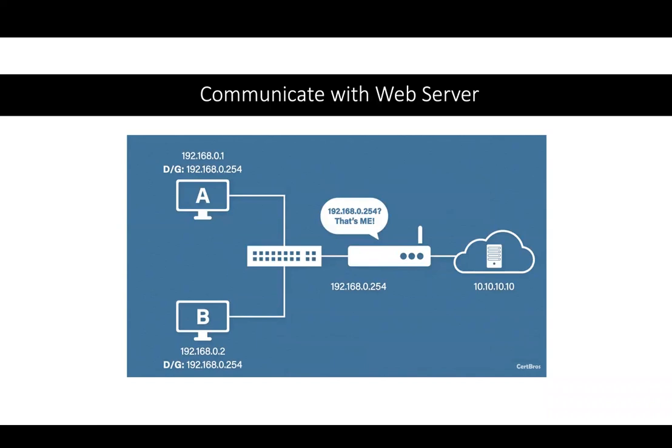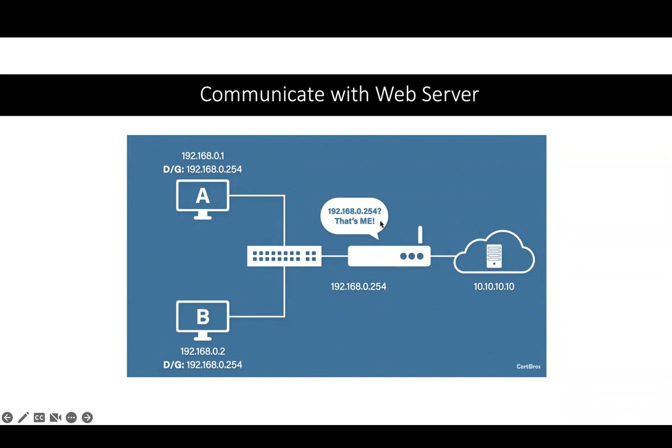So what if user A wants to communicate with the web server, which is outside the domain? In order for user A to communicate with the web server, it has to go through the router, which is basically the default gateway. So it has to go through the default gateway, and then it can reach the web server.